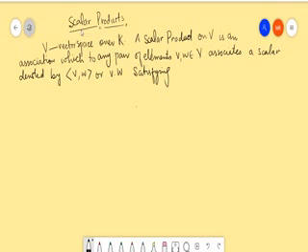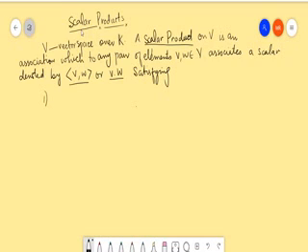A scalar product on V is an association which to any pair of elements of V associates a scalar denoted by this notation, or V dot W, satisfying the following properties.